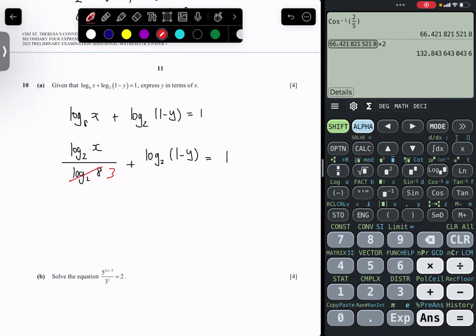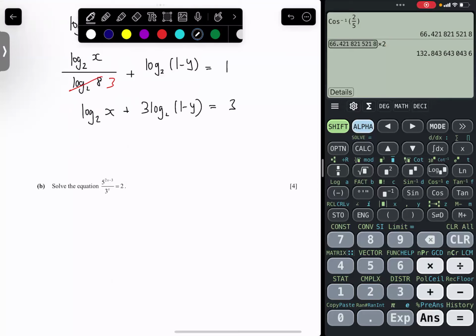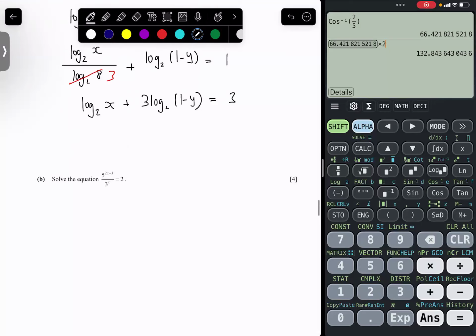Multiply by 3, then I will have log base 2 of x plus 3 log base 2 of (1 minus y) equals 3. Since I want to make y the subject, I can bring the log base 2 of x over. So I will have 3 log base 2 of (1 minus y) equals 3 minus log base 2 of x.